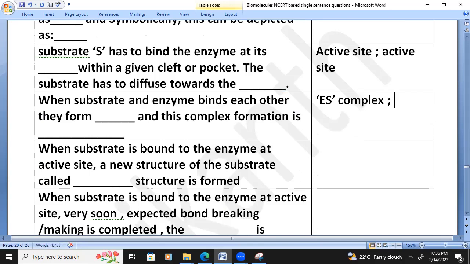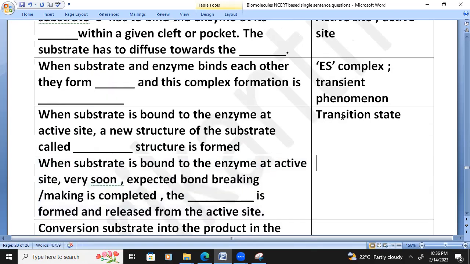This complex formation is a transient phenomenon. When substrate is bound to the enzyme at the active site, a new structure of the substrate called the transition state structure is formed.